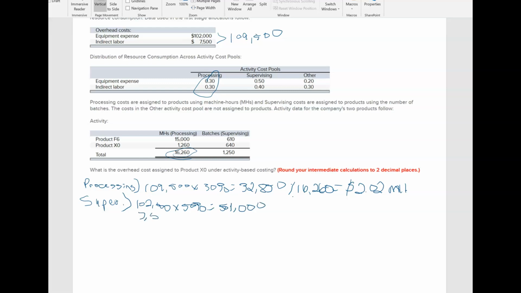And then 7,500 times 40%. Okay, that's 54,000. And divide it by how many batches they have, which is 1,250. And we get a predetermined overhead rate of $43.20 per batch.